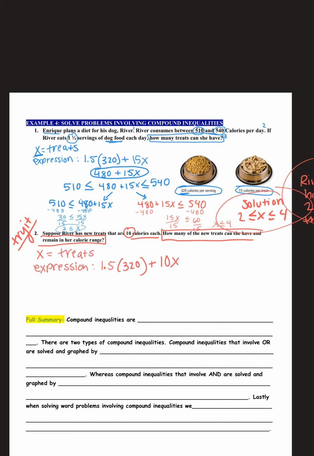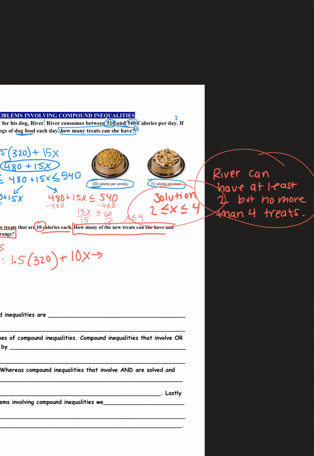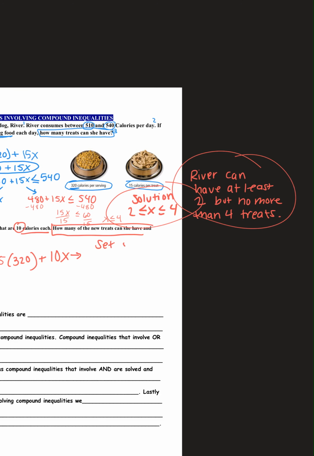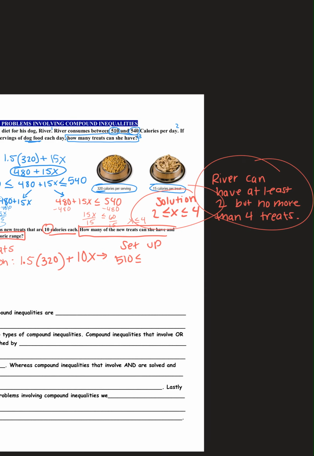So our setup is still going to be 510 is less than or equal to 480 plus 10x, because this is equal to 480, is less than or equal to our maximum, which is 540. And then you're going to break it up and solve for x.